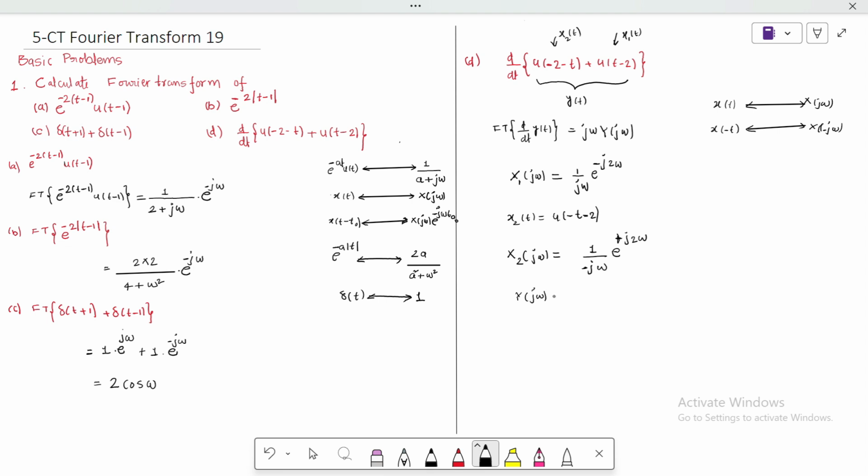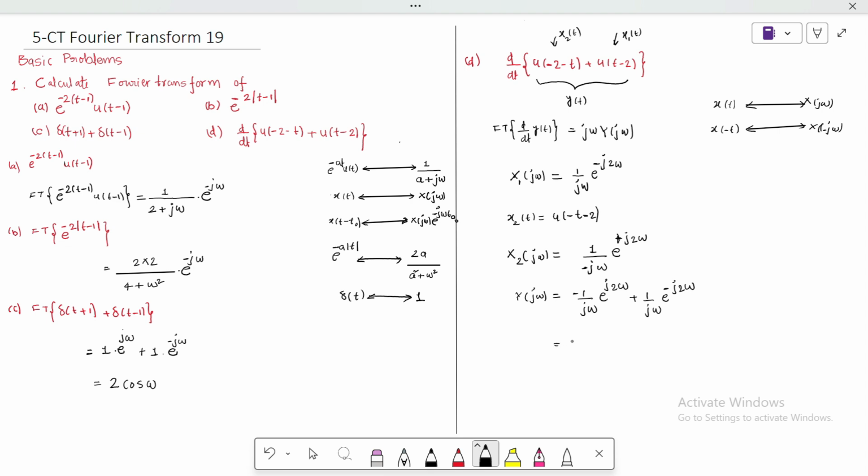So Y of j omega equals X2, which is minus 1 by j omega e power j into 2 omega, plus the next one, X1 of j omega, 1 by j omega into e power j into 2 omega.